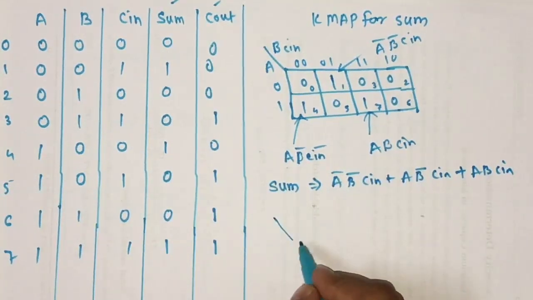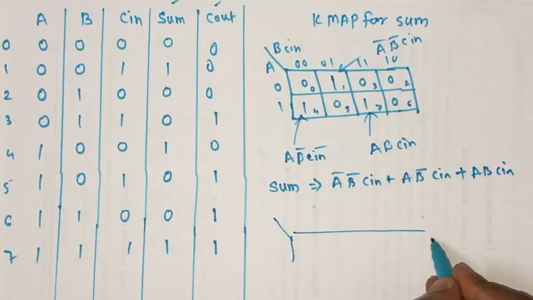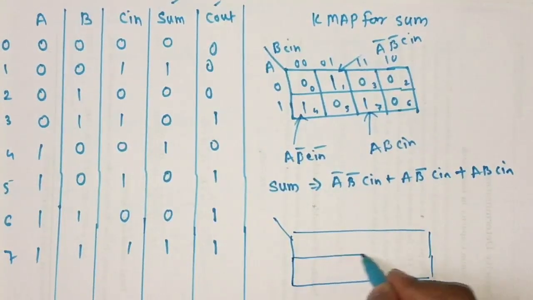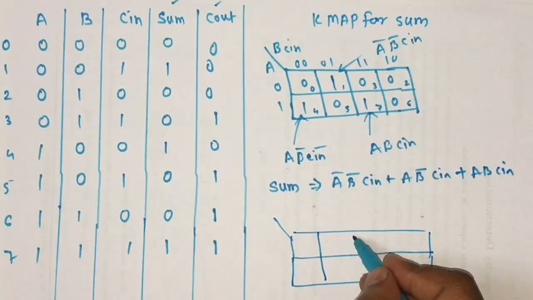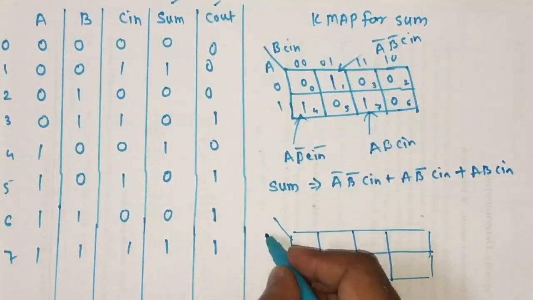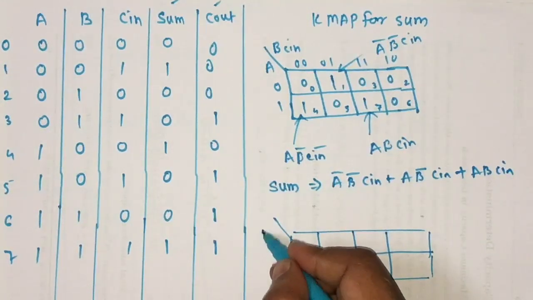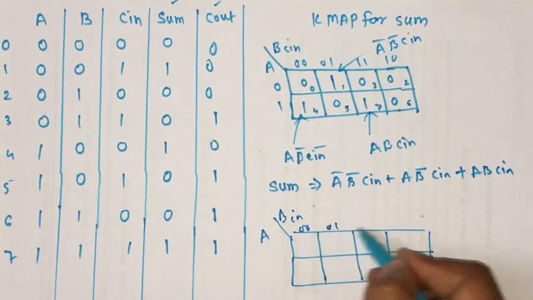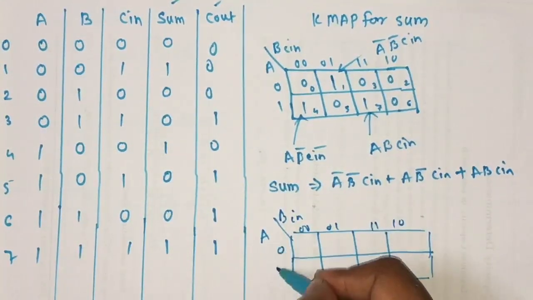Now for carry, again the same K map we have to draw, a 3 variable K map. The inputs are A, B, C in 0 0 0 1 1 1 1 0 0 and 1.